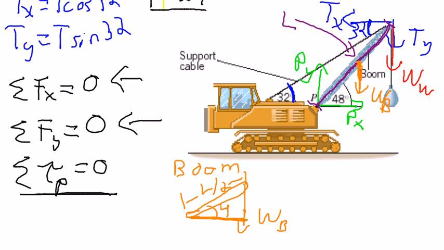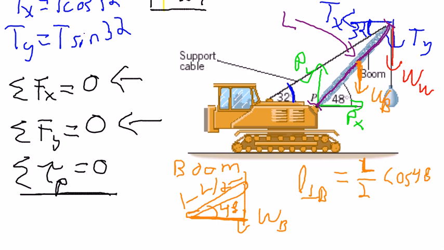So our perpendicular distance is actually this distance here. If this is our 48-degree angle, then the perpendicular distance for the boom is going to be equal to L over 2 multiplied by the cosine of 48.